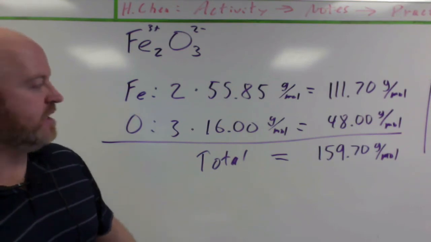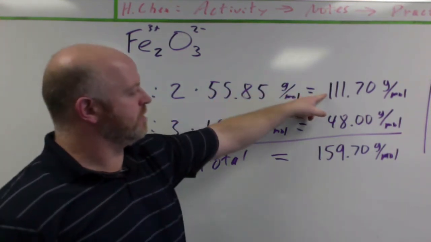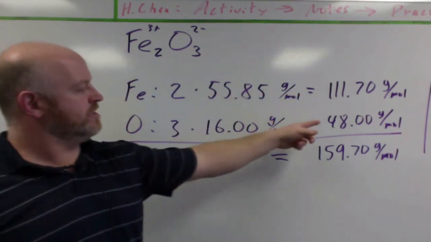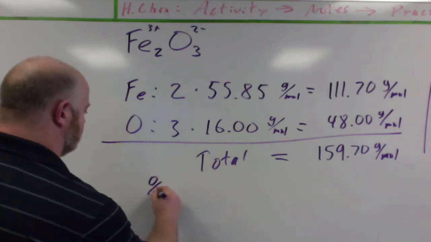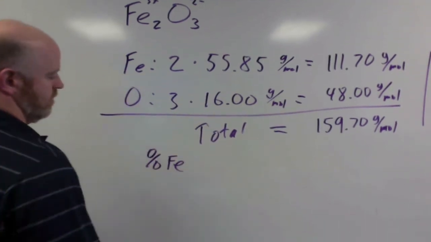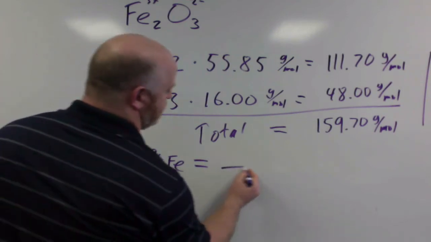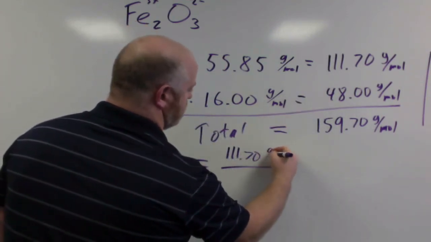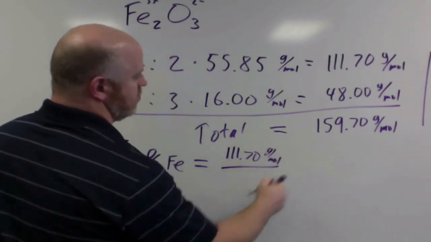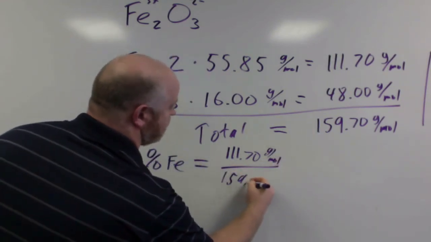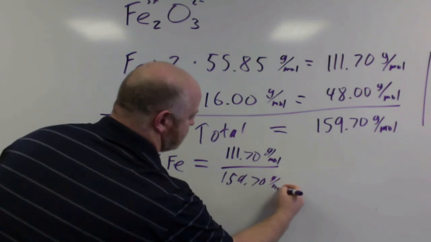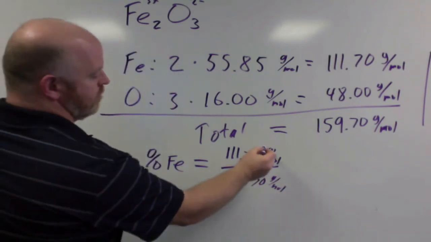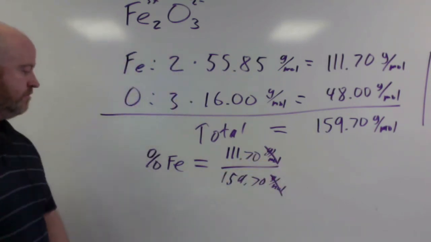Now, to get its percent, well, iron contributes this amount, oxygen contributes this amount. So the percent of iron would be 111.70 grams per mole divided by the 159.70 grams per mole. Grams per mole is on both sides, so that cancels out.